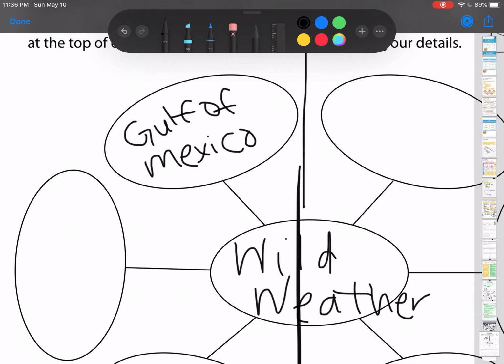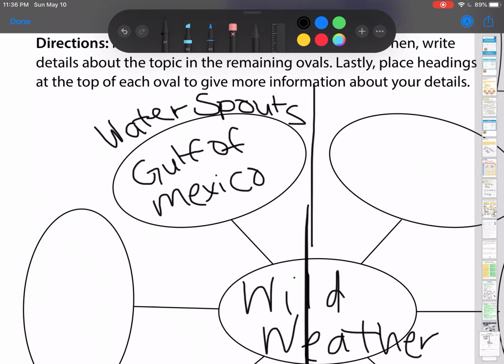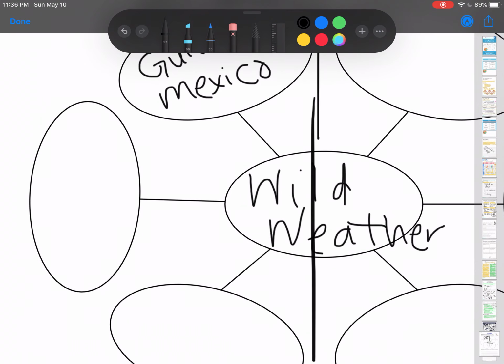And what was this one about? This one was about the waterspouts. And we had the Tornado Valley.